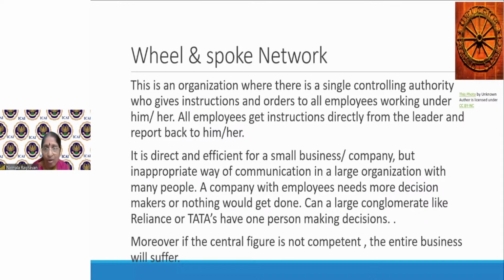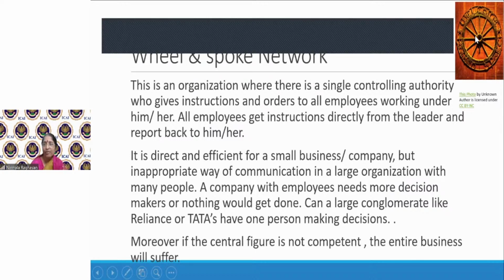Can a large conglomerate like Reliance or Tata's have one person making decisions? Moreover, if the central figure is not competent, the entire business will suffer. So, look at this image here. You have the fulcrum in the middle, that's the powerful person, that's the boss, and the spokes lead to the employees. So, all instructions are carried out by the main person, the boss, to the employees directly.